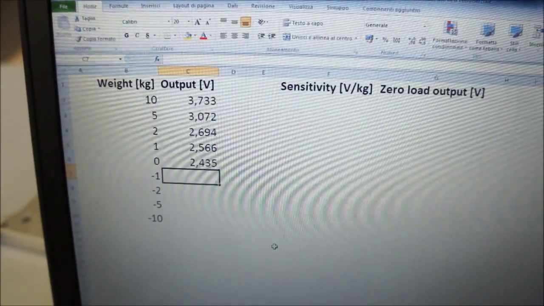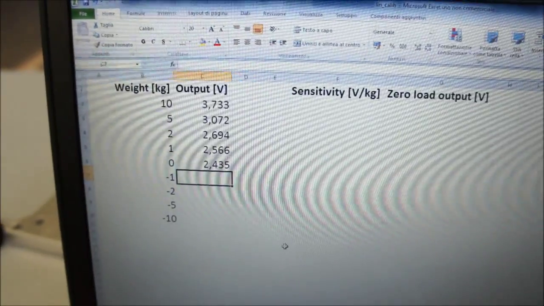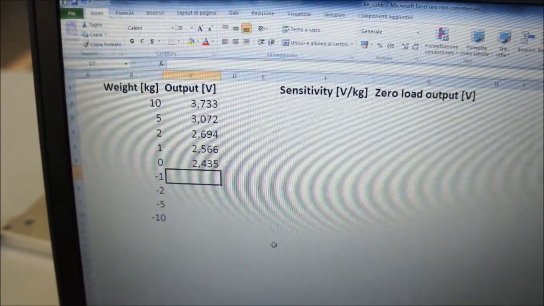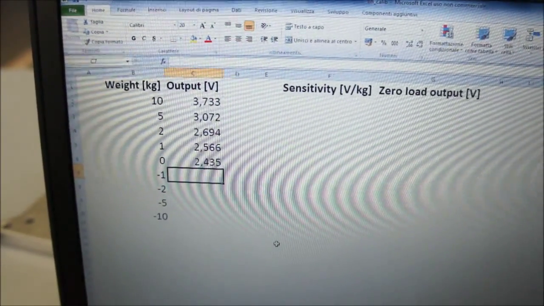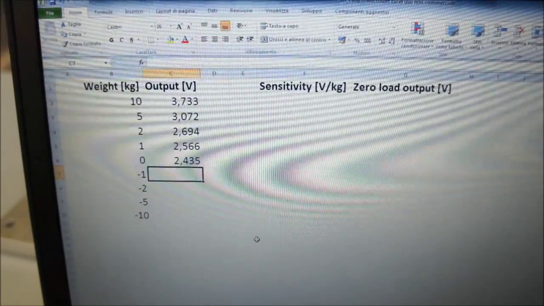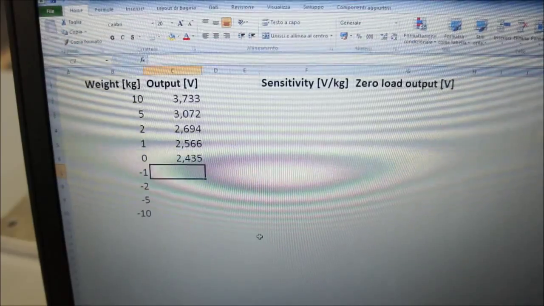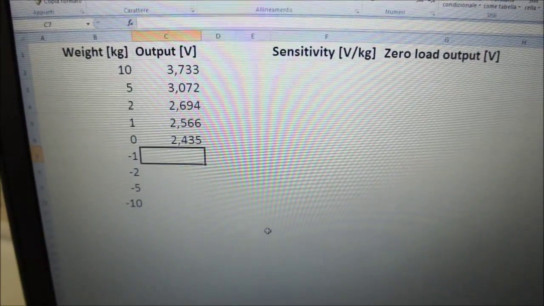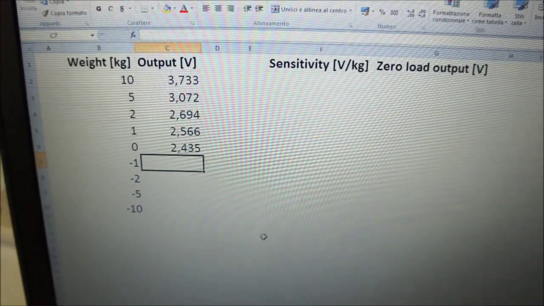What we are doing now is flipping the load cell, turning it upside down, so if we apply the load in the same direction, it's like giving the load cell a negative force value. We can check that everything is okay, and by doing this we are sure that the calibration will be good also for negative forces.